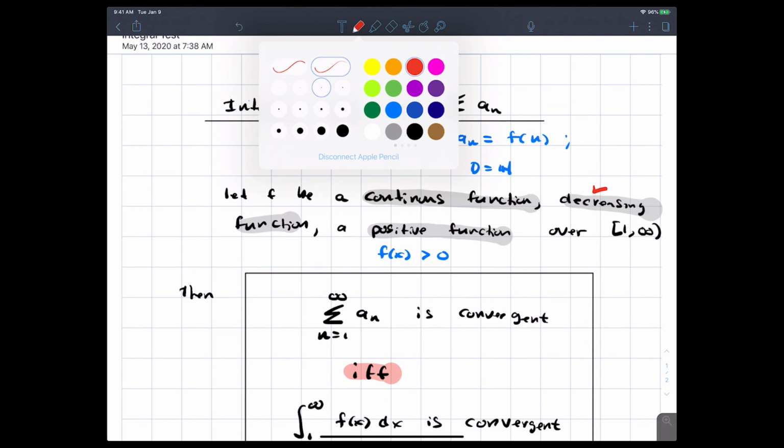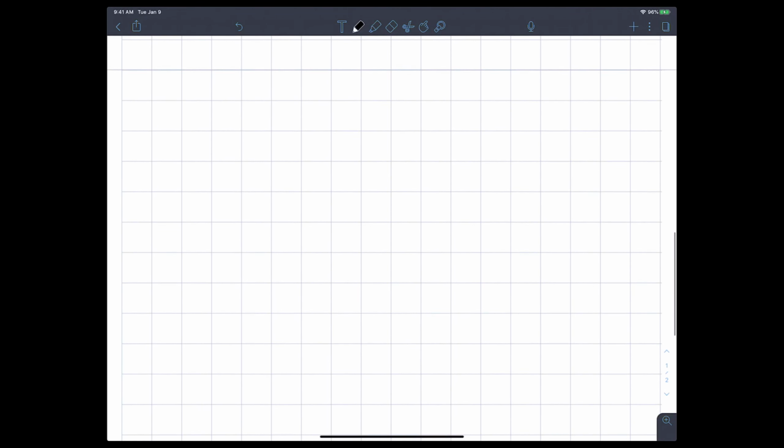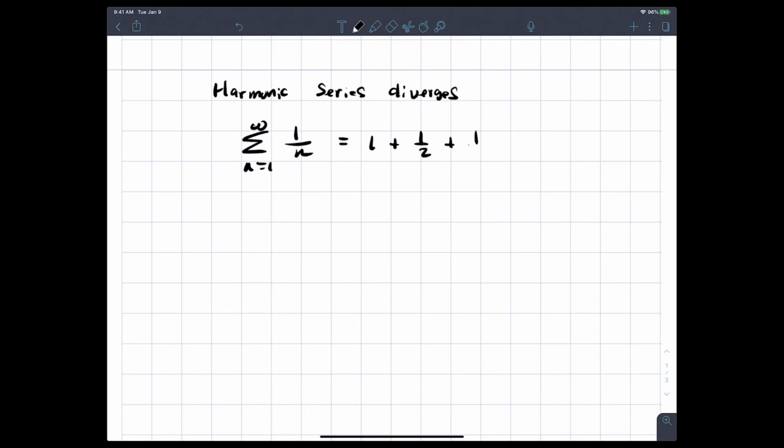It's a very good test. And what I'm going to do for you guys this morning is prove the infamous harmonic series that I mentioned. If you recall, we have a special series called the harmonic series, and it diverges. What's the harmonic series? It's the sum of 1 over n, from n equals 1 to infinity. The terms look like 1 plus 1/2 plus 1/3, and so on.